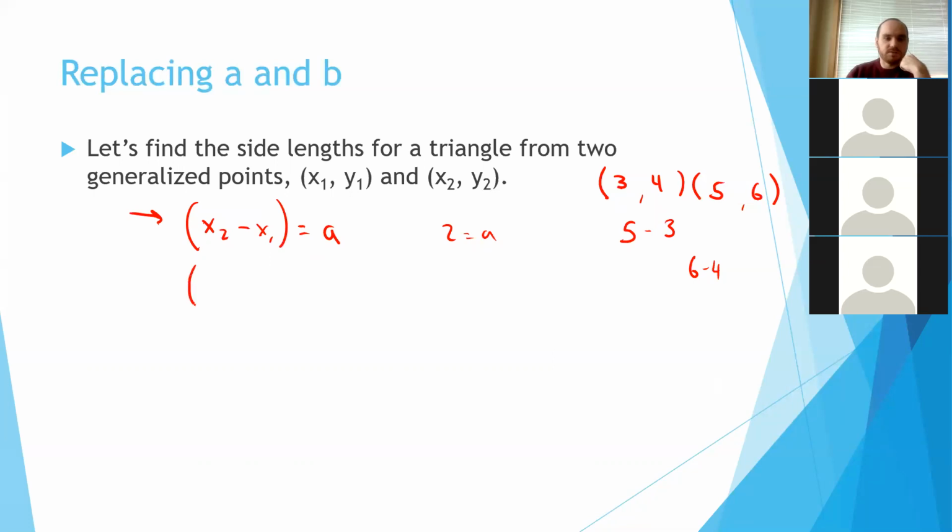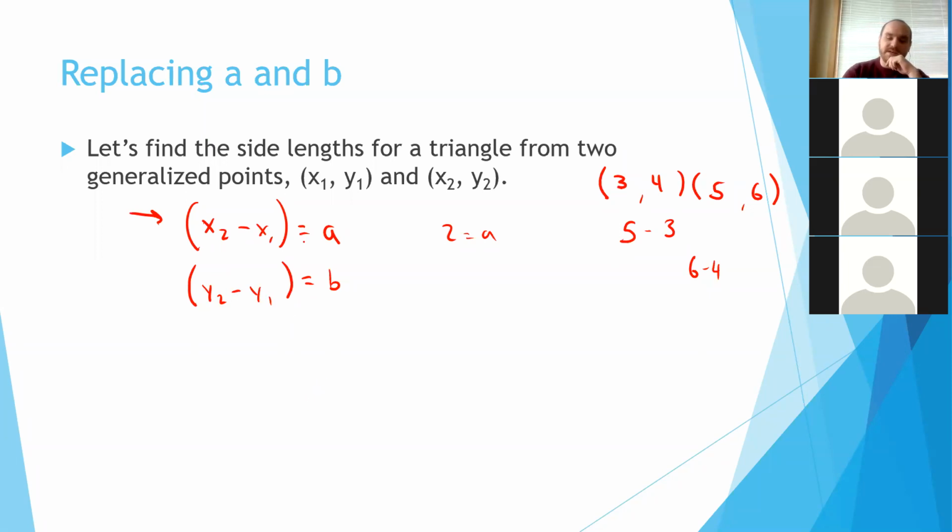Yeah, Jennifer, good. Anybody else have an idea before I show you? Good, Pamela. This is like the one time I wish we were actually in person for a lecture so I could make you guys say it out loud, but that's okay. So we have y2 minus y1. That's going to be our b.